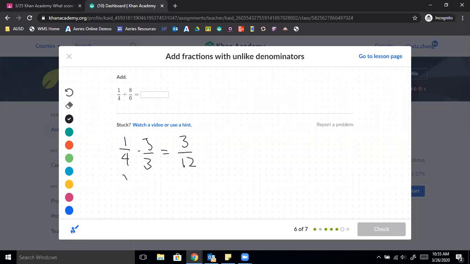Okay, 8/6, that's 2 over 2, that's 16/12. The reason why I like writing everything in one line is so that I would only be writing 3/12 and 16/12 once, right?